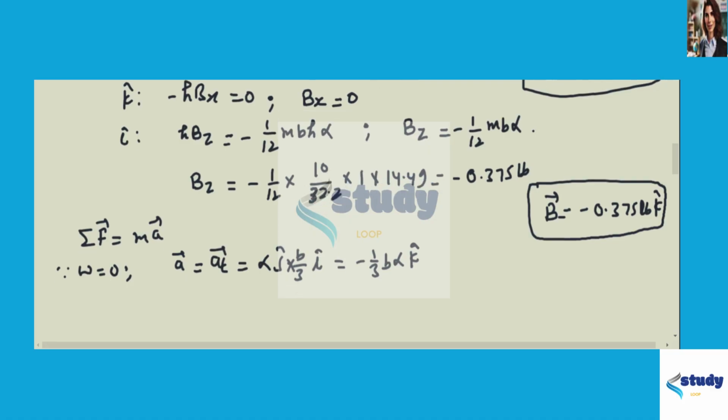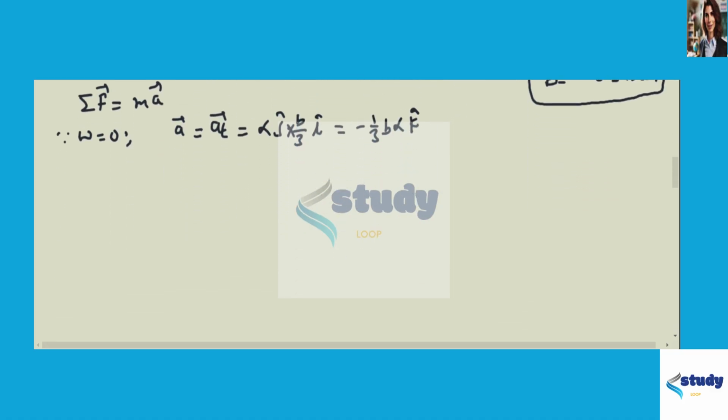Now the resultant force, summation of force: A force plus B force must be equal to mass into acceleration. B force we already know, A we have to calculate. So A is equal to minus 1 by 3 b alpha k cap minus B, so minus 0.375 pound k cap.